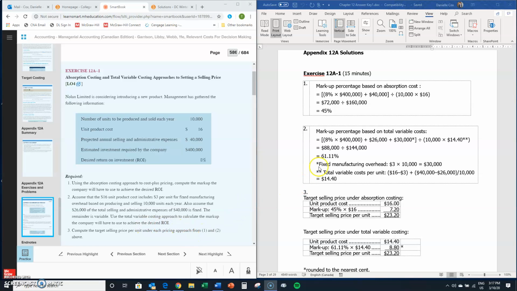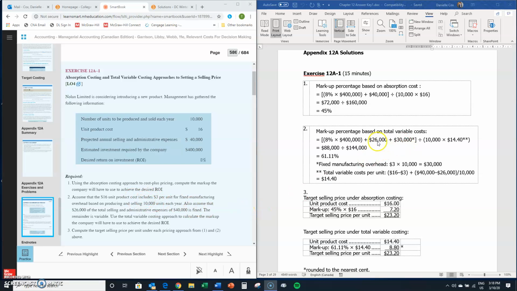So again, the formula is required ROI times the amount of the investment, so 8% times 400,000, plus total fixed expenses. So the total fixed expenses, we know one part is 26,000, and the other is $3 of that 16 is fixed, so $3 times 10,000 units.